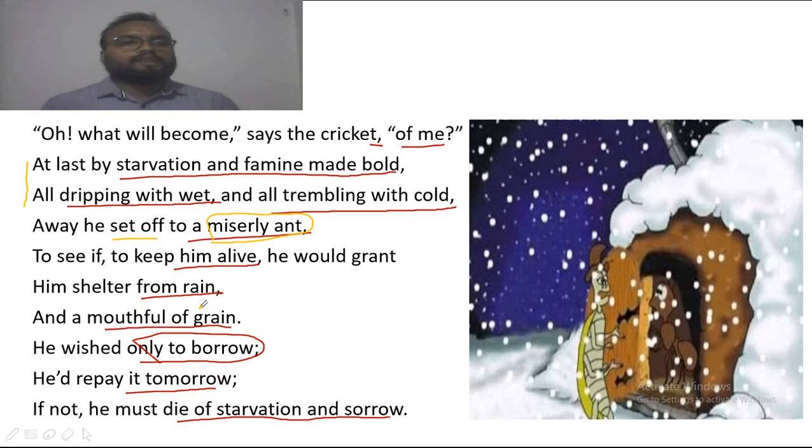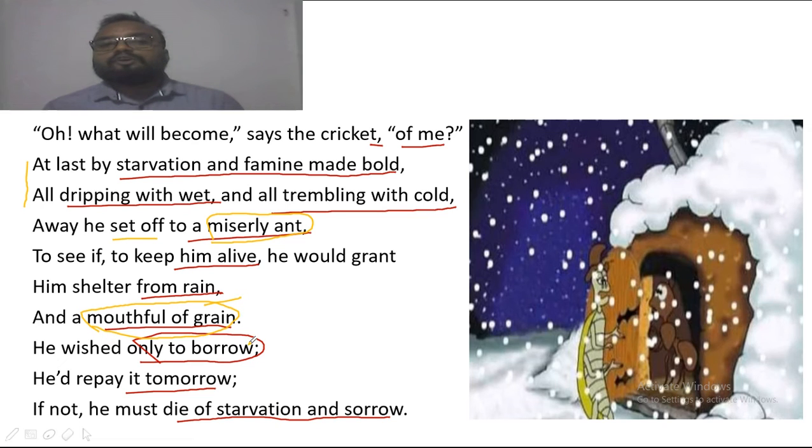So now what he did, he went to the ant in order to seek help from the ant, to ask him for shelter so that he may protect himself from the rain and the cold. And one more thing which he wanted to ask from that ant is a mouthful of grain.